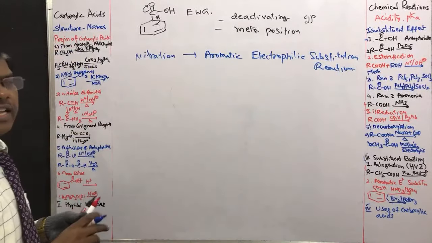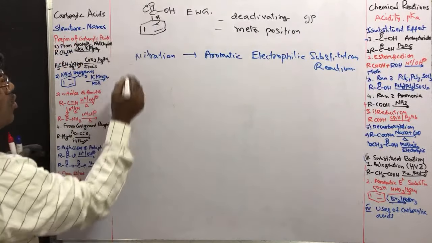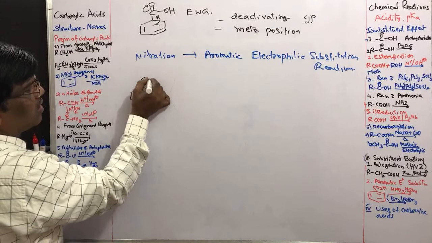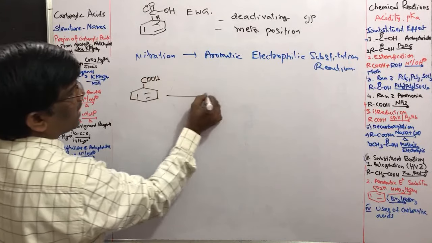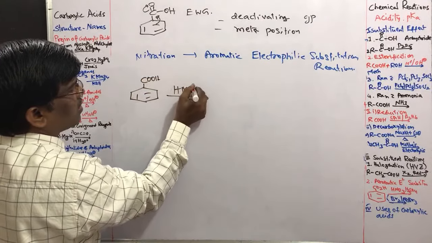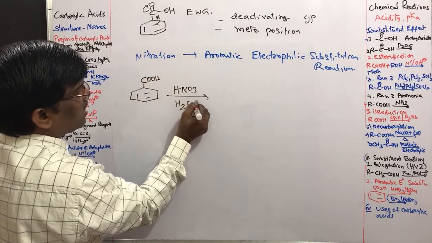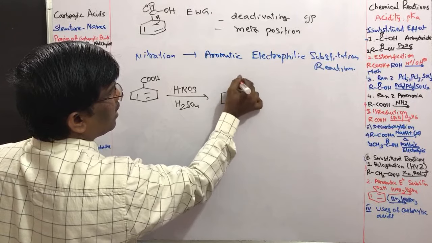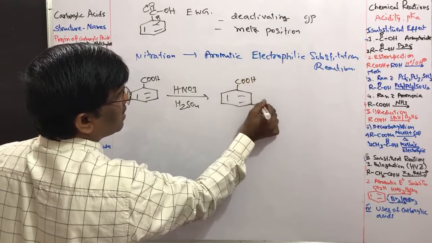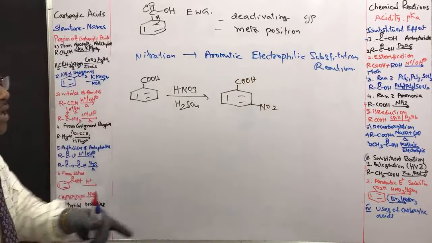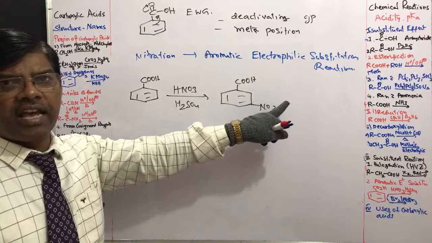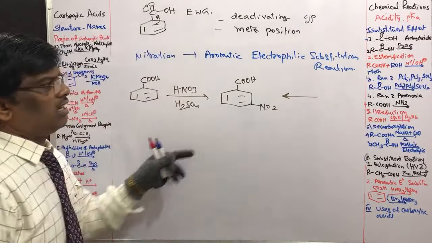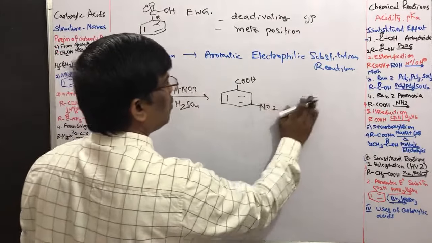So benzoic acid upon reacting with HNO3 and sulfuric acid, I am going to get meta-nitrobenzoic acid. So if you are asked to make meta-nitrobenzoic acid, don't write the acylation reaction or carboxylation, nitro to this. So do the nitration.